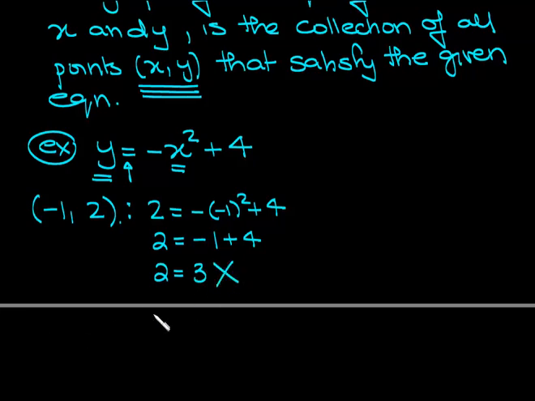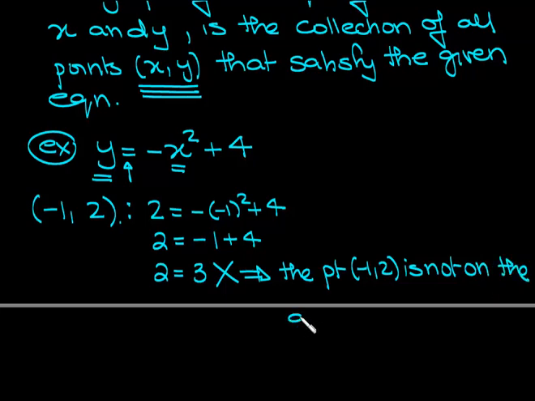No. So that tells me that the point minus 1, 2 is not on the graph of the equation y is equal to minus x squared plus 4. So this point doesn't belong on this graph, and we'll come back and address that in a second.